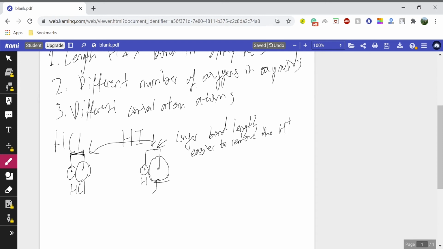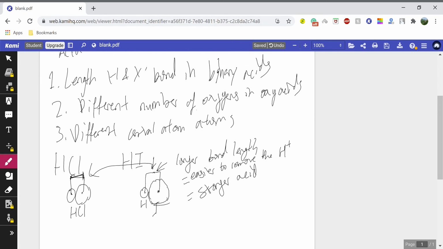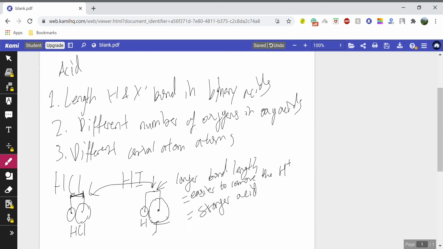Longer bond length means easier to remove the H+, because that's how ionization works. And finally, that will result in a stronger acid. If it's easier to remove the H+, then it will be a stronger acid, because it will be easier to dissociate completely in water.